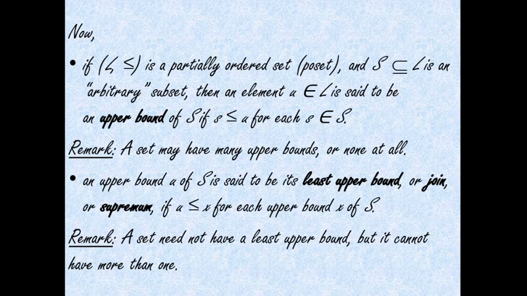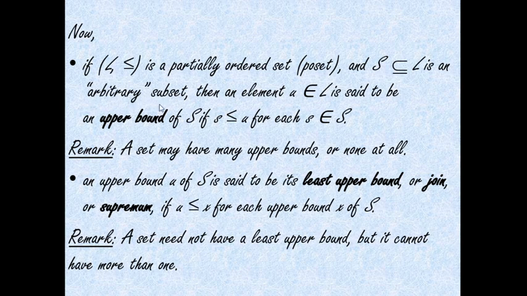Now, you have a poset, ordered pair L, less than or equal to, and suppose S, a subset of L, is an arbitrary subset. You have to note that it is an arbitrary subset.